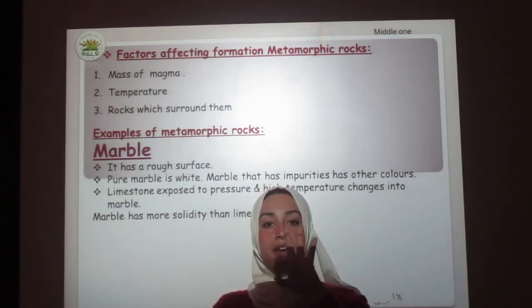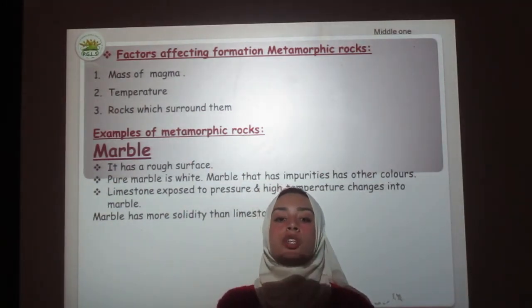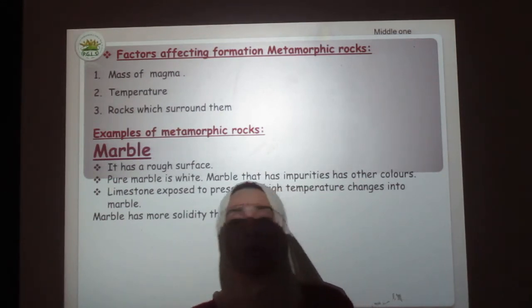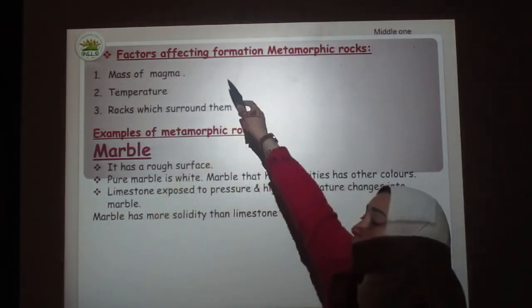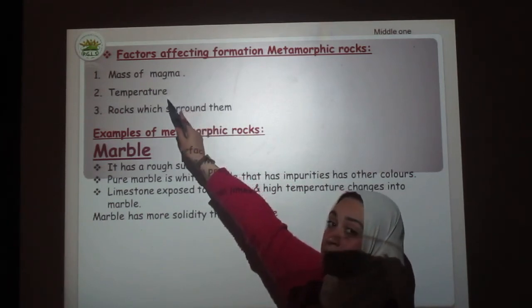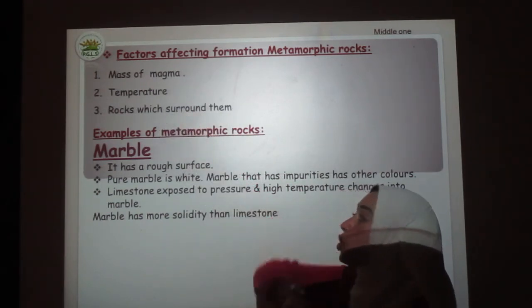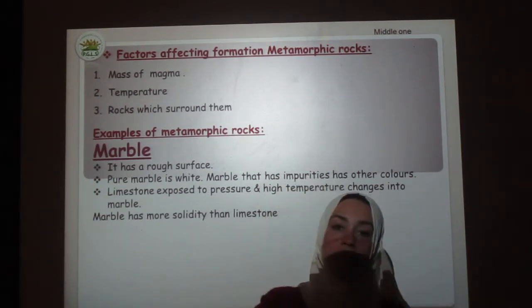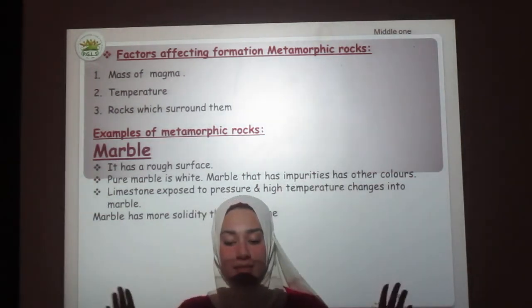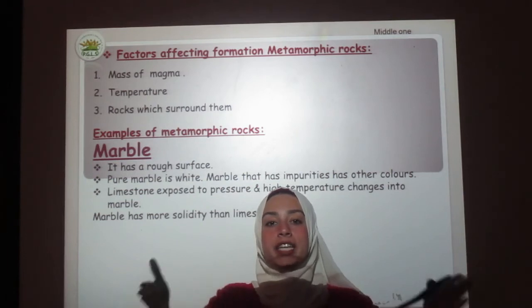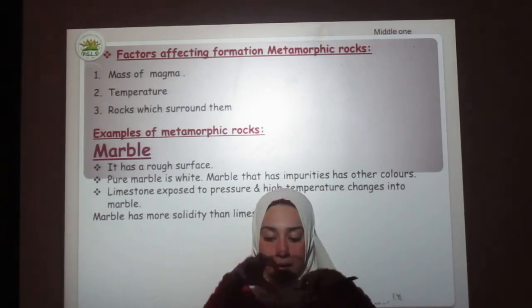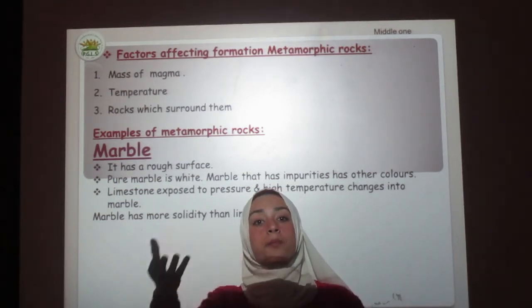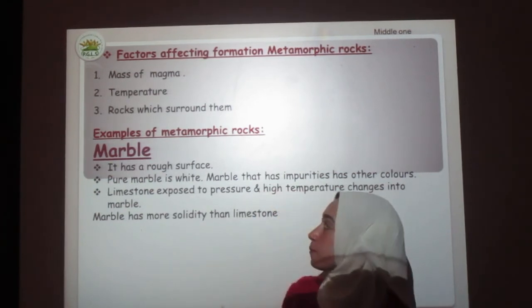So we have three factors that affect the formation of metamorphic rocks. Number one, the mass of magma. Number two, the temperature. Number three, the rocks surrounding them. And we said that the surrounding rocks are the pressure that affects the rock.